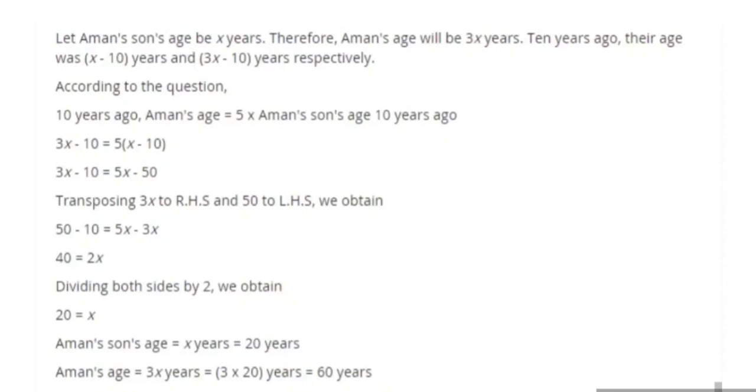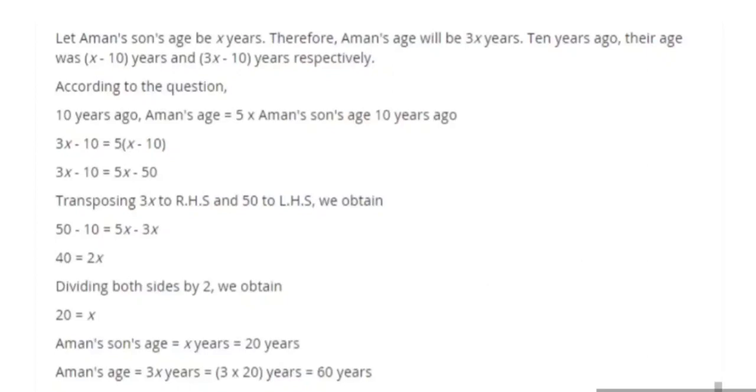So transposing 3x to the right hand side and 10 to the left hand side, we obtain 50 minus 10 is equal to 5x minus 3x. So 50 minus 10 is 40 and 5x minus 3x is 2x. Now 40 upon 2 is equal to x, means x is equal to 20.